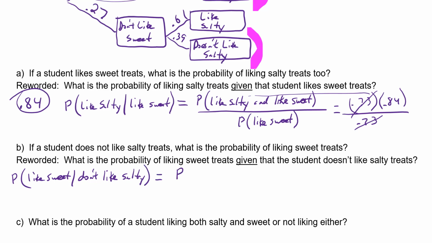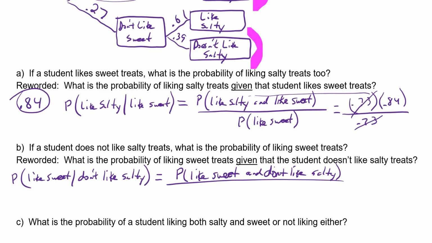Okay, so that's probability of like sweet and don't like salty. A lot of words. Okay, divided by don't like salty. And what does that mean? That means it's two scenarios, right?